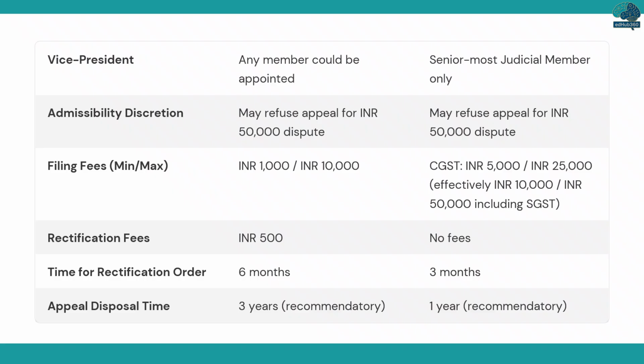Also, there are no fees for rectification in GSTAT, compared to 500 Indian rupees for CESTAT. Finally, the time for rectification orders is shorter for GSTAT at 3 months versus 6 months for CESTAT, and the recommended appeal disposal time is much quicker at 1 year for GSTAT compared to 3 years for CESTAT.